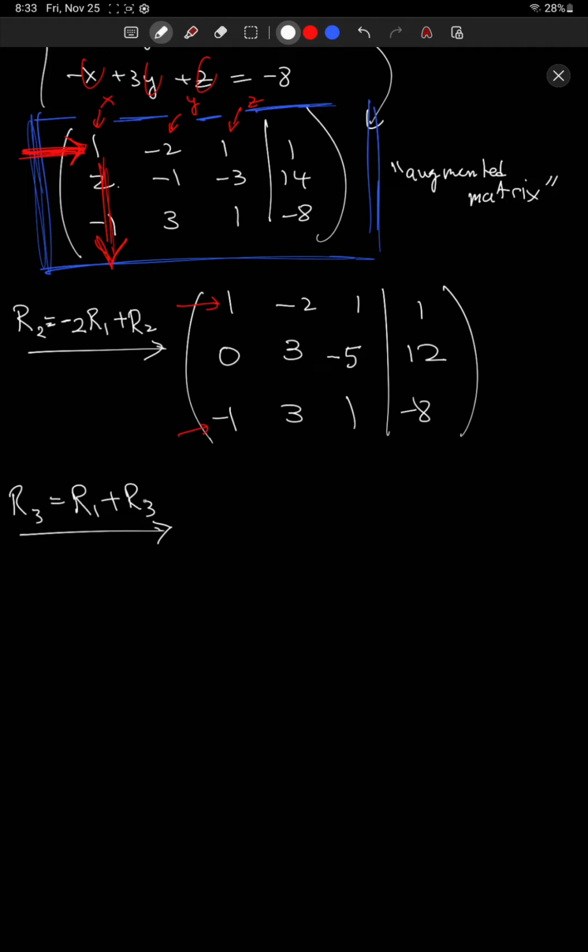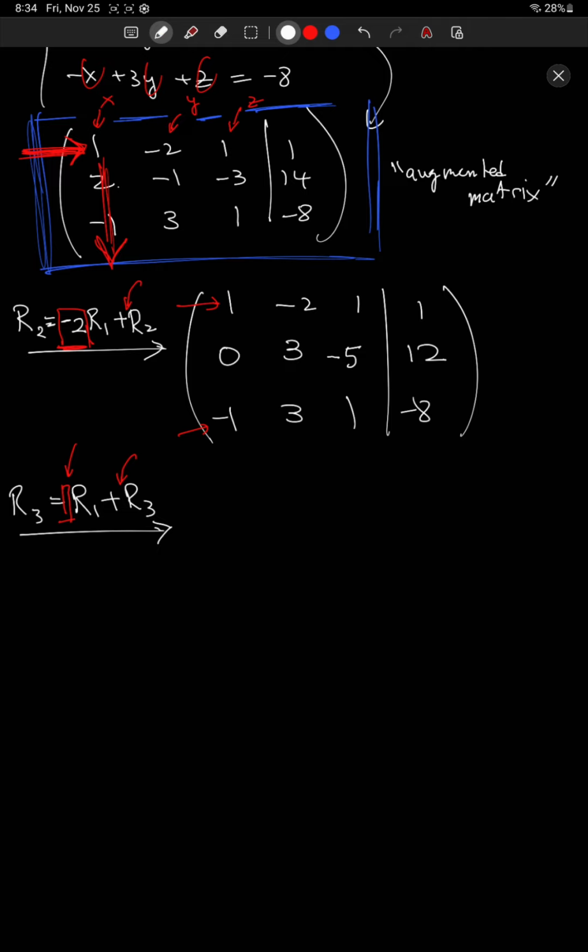Something times row 1 plus row 3. It's always something times the row that you're using to cancel the other rows, and then plus the other row. So you should never, ever have any number in front of this row 3, only things in front of this row 1. And in this particular case, it's just a 1 in front of row 1.